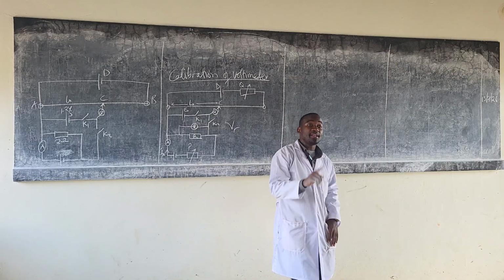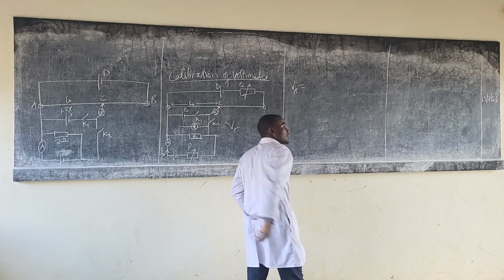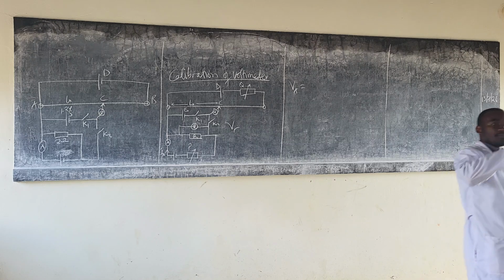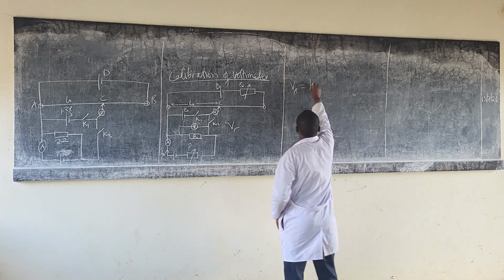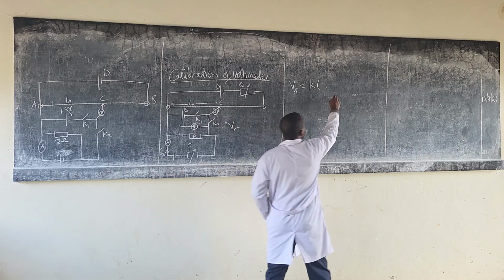The actual PD VA is going to be from K, L, right? You label this as 2.